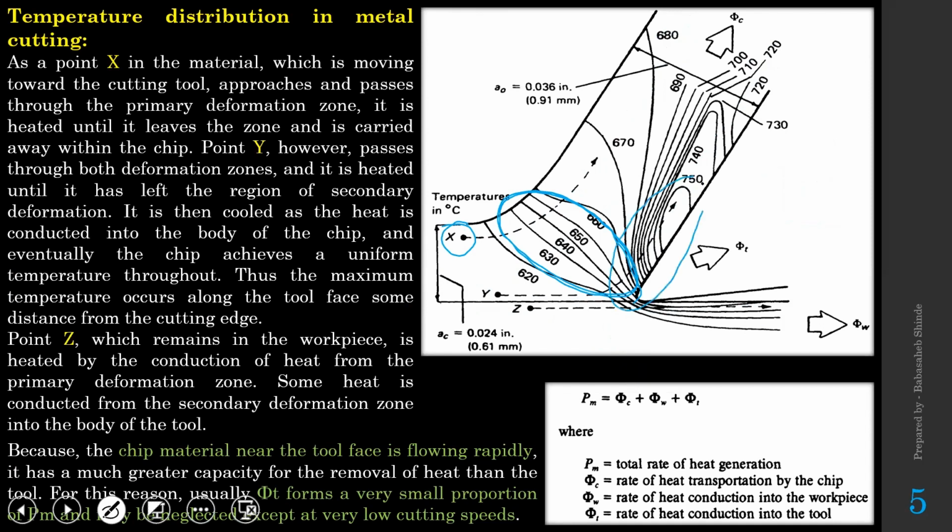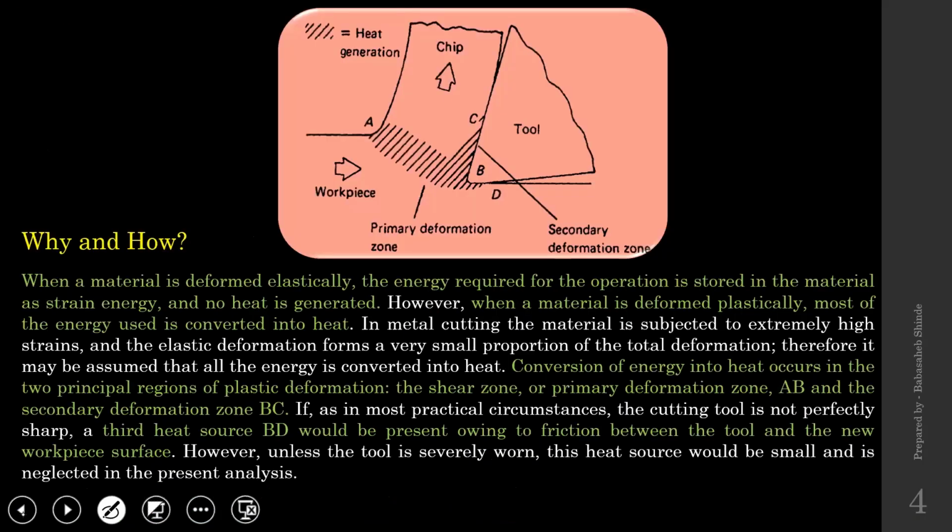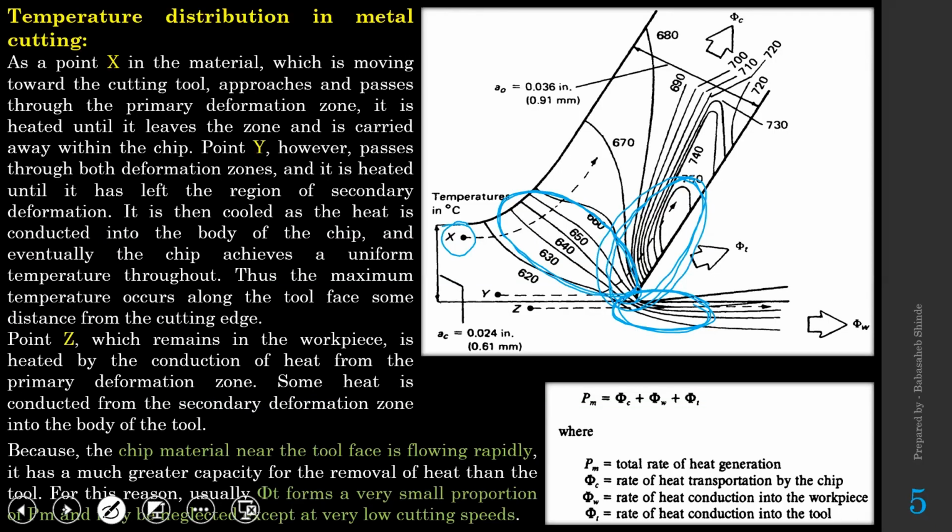This is the secondary deformation zone, and this is the third deformation zone BD. From this sketch, this AB, BC, and BD, those three zones we have highlighted in this sketch also. Now, if you consider point X, that passes through the primary deformation zone only.